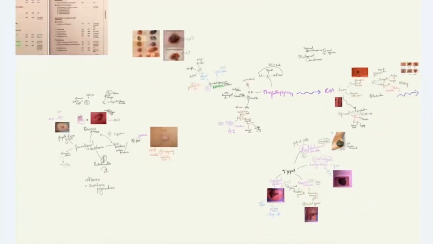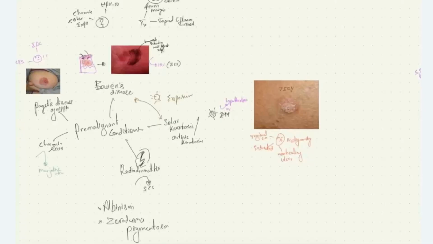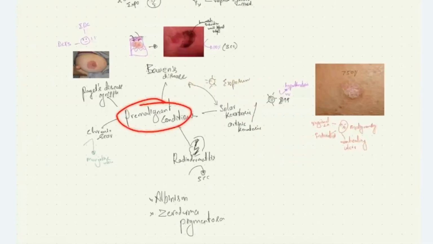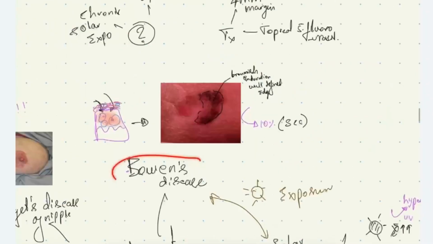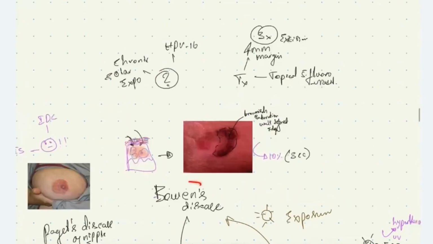Let's start with the discussion. What are the pre-malignant conditions that we see in the skin? First, we have Bowen's disease. Bowen's disease is a pre-malignant condition characterized by clear cells in the epidermis, and also hyperkeratosis and parakeratosis. What are hyperkeratosis and parakeratosis?